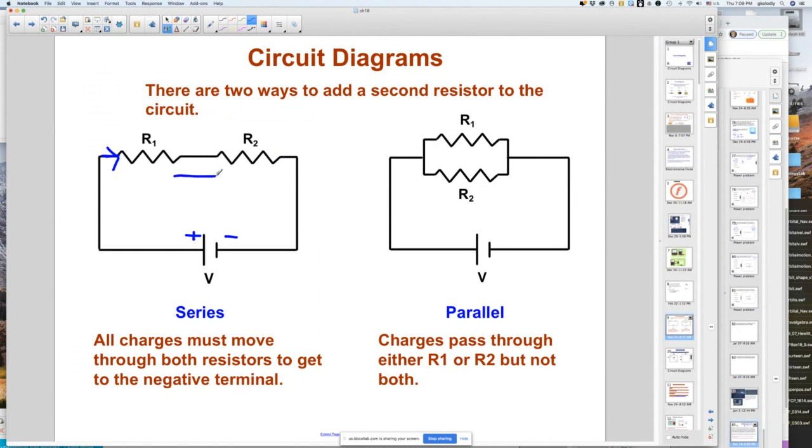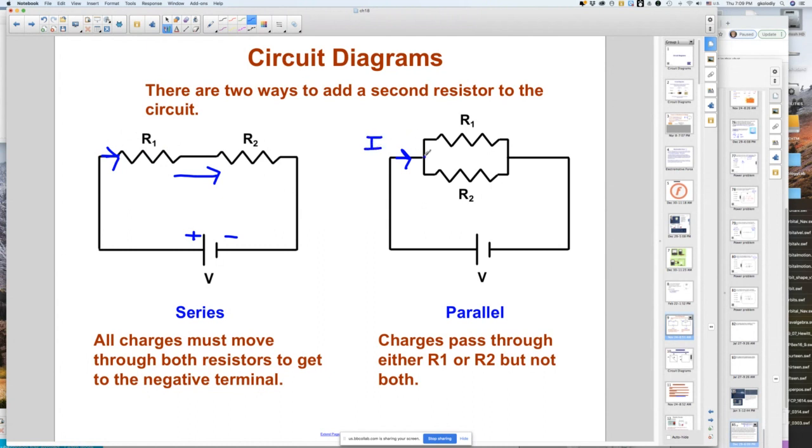So in a series circuit, the current is the same through all resistors in series. It's the same, because don't forget, this current has no place to go. It's got to slow down here and here, but generally it's going to be the same slowing down for both of them. Here, it's different. The current comes in here, let's say I, and it splits up.